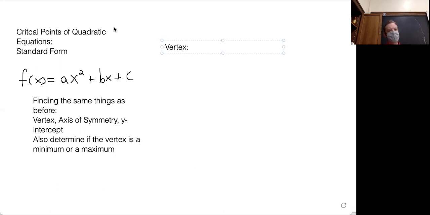And that formula is going to be the x value for the vertex is equal to negative b divided by 2 times a. And I could explain where this formula comes from, but it'd probably take me about 15 minutes to do so. And I don't necessarily think that you all are interested in that explanation.